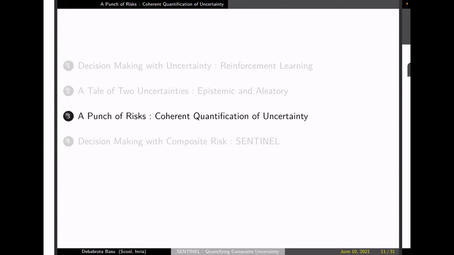The uncertainty of the approximator is obviously there. The other case is the partial observability, right? So we are saying even if your approximator is completely correct, you are still going to have this epistemic uncertainty because you have this partial observability about the model. You don't know the model completely. And that is the source of epistemic uncertainty as we are considering it here.